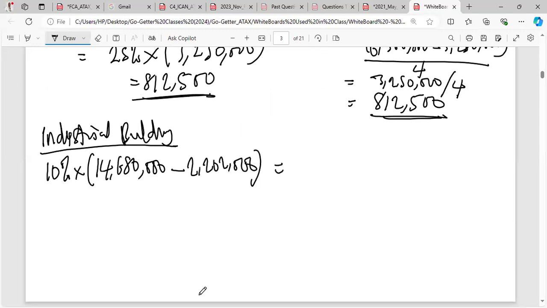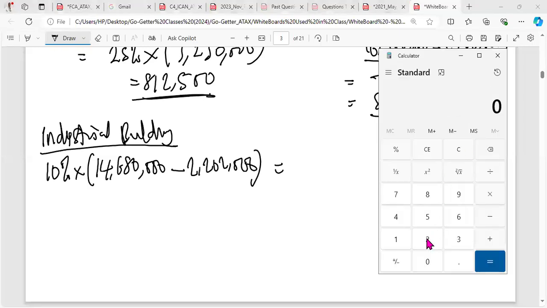So let's do it together. 14,680,000 minus 2,202,000. That will give me 12,478,000.